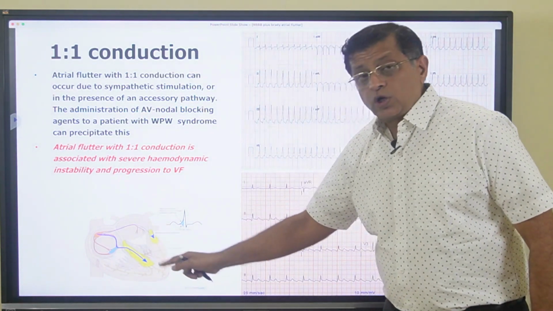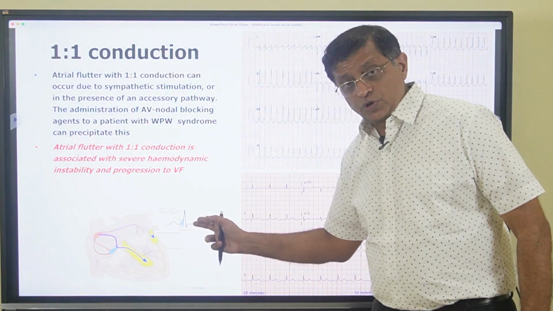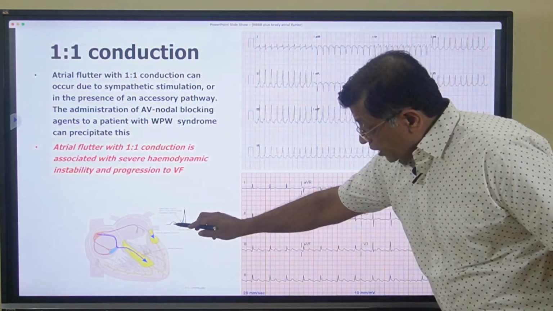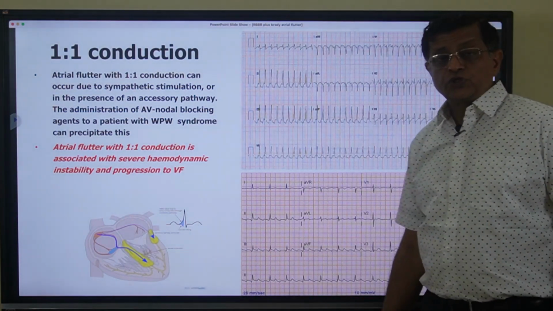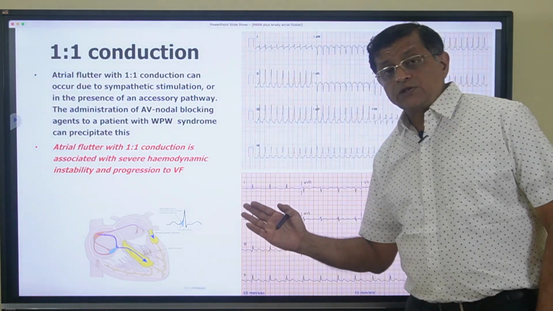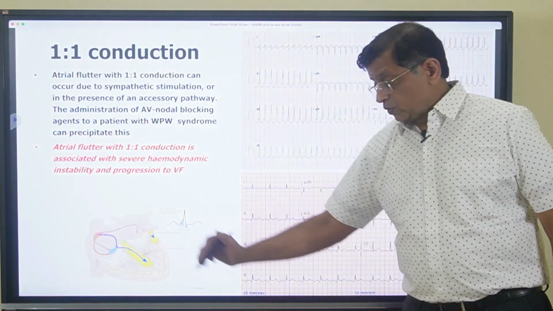This condition is called pre-excitation. One example of pre-excitation is WPW syndrome, in which the PR interval is short and there is a delta wave, which is due to the impulse reaching the ventricles earlier than the impulse from the AV node.